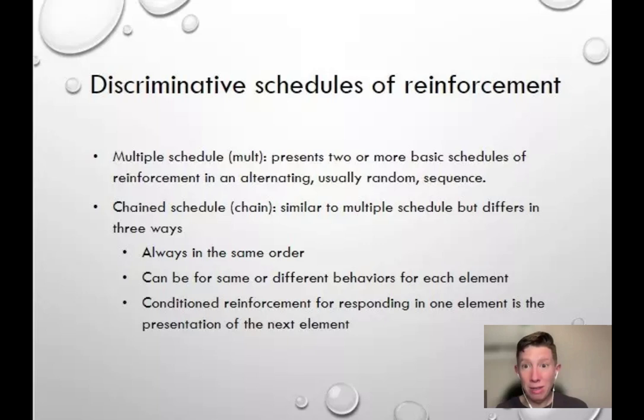And then because we need an SD, this is going to be multiple. If they didn't give the criteria of the schedules being for different behaviors, sequential, and always in the same order, then we know that it's not chained or tandem. So it's got to be mixed or multiple. And then if we have an SD, that makes it multiple.